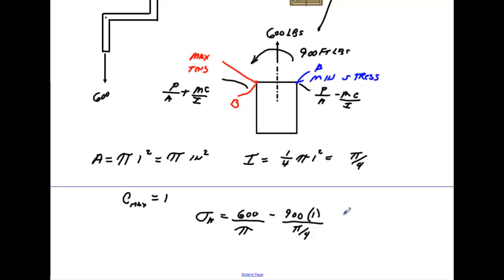When we run that number, we'll get minus 13,600 psi. So what's happened is, since we got a minus here, we actually have the beam in compression at this location here.